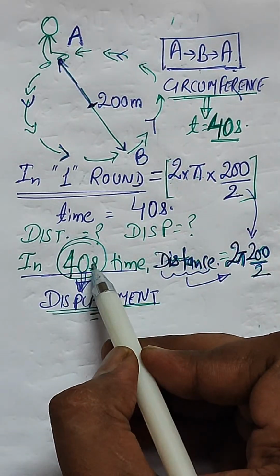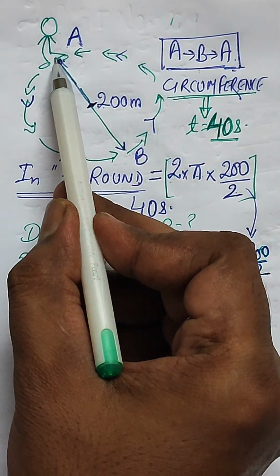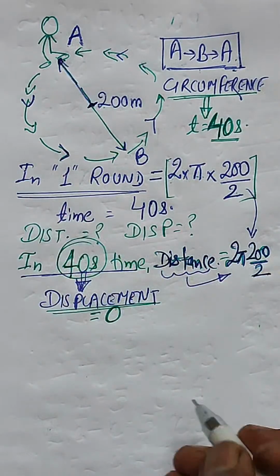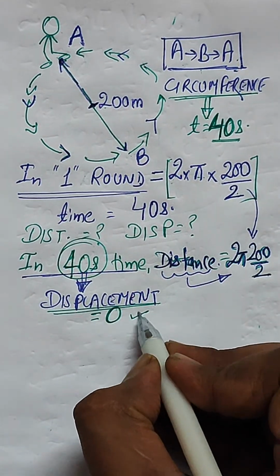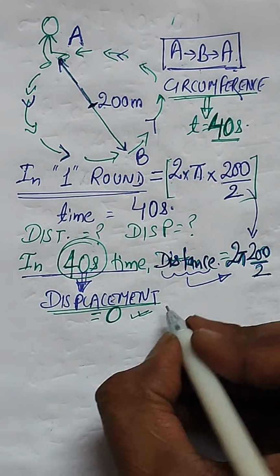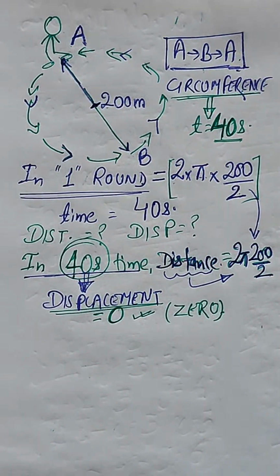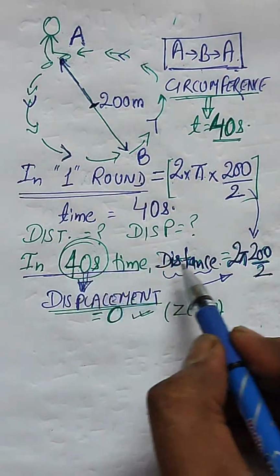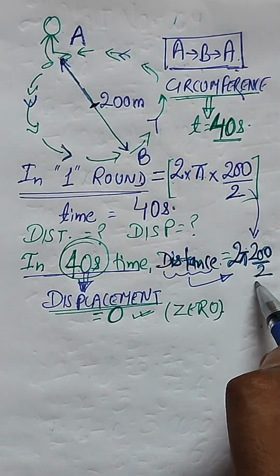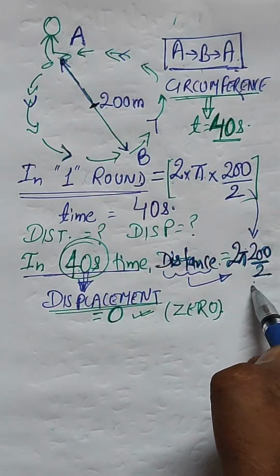In 40 seconds of time, the athlete started from A and again reaches A. That means the displacement will be 0. But the distance will be 2 pi into 200 by 2, that is 2 pi r.